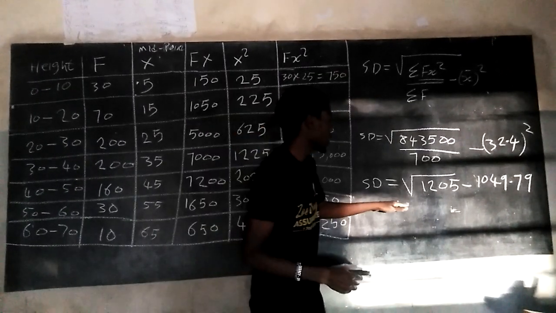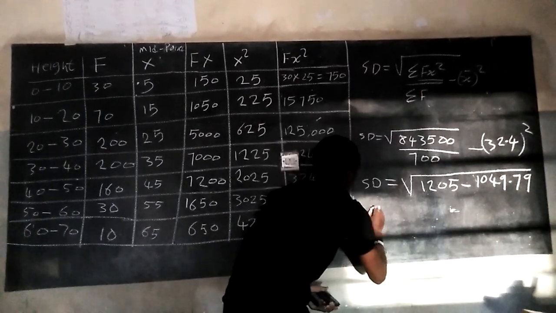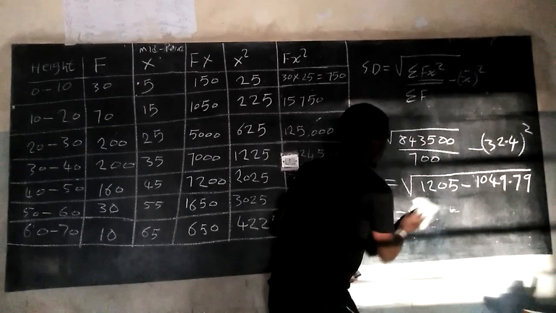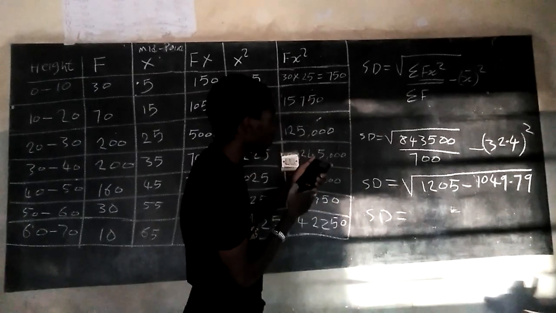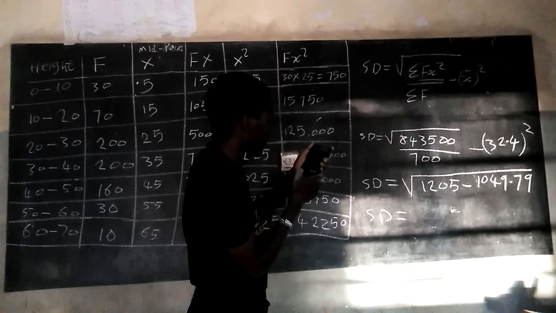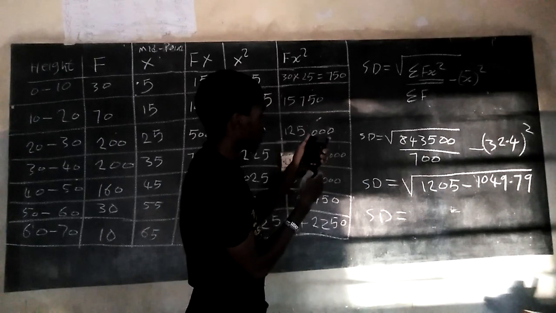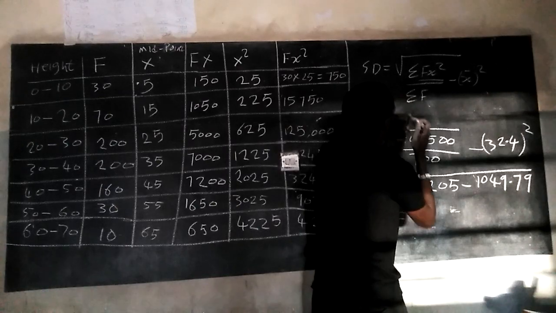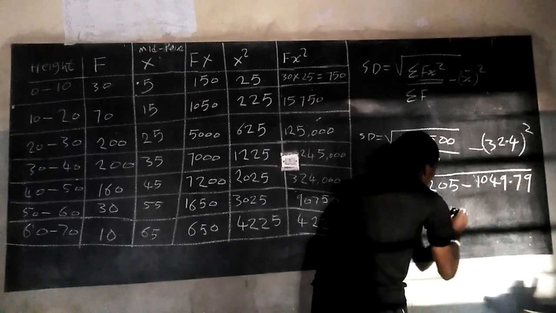So the square root of this. So now we say standard deviation is equal to 1205 minus 1049.79, equals 155.21.